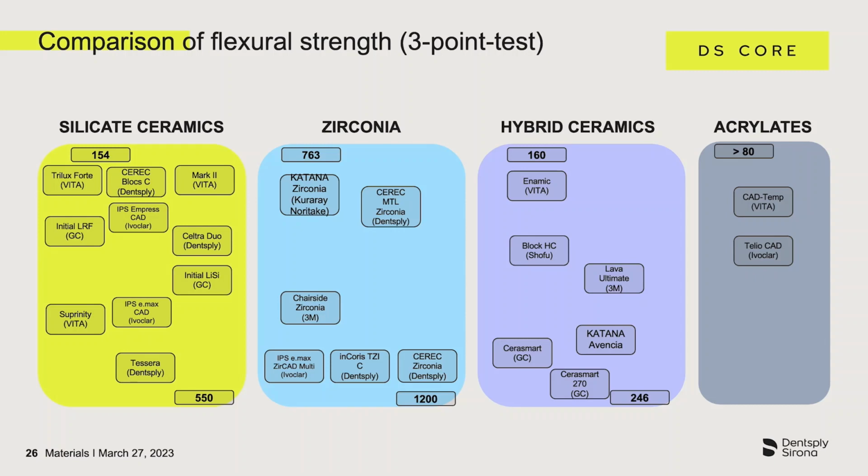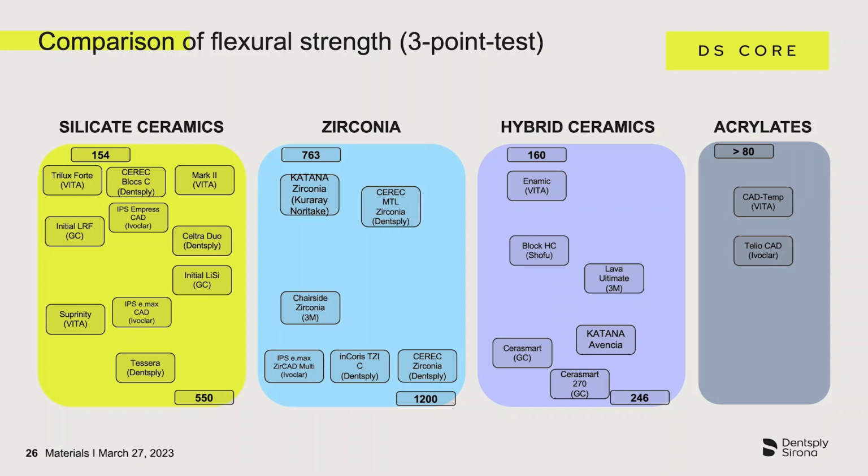The two highly translucent speed-sintered zirconias, Katana Zirconia from Kuraray Noritake and CEREC MTL Zirconia from Dentsply Sirona, are in a lower bending strength range. For example, the CEREC MTL Zirconia material has a flexural strength of 850 megapascals in the 3-point bending test.